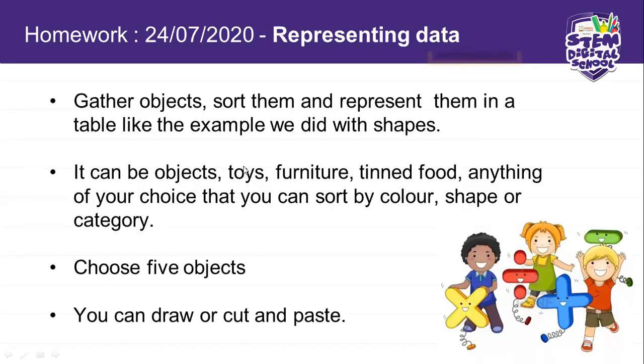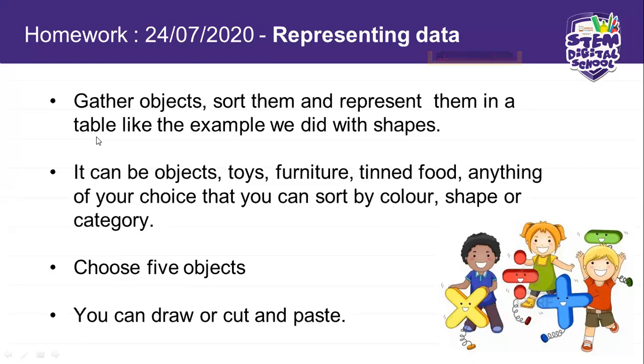The next one for homework. So here we are introducing sorting, we are introducing grouping, and we are introducing a form of representing data or information. So here I want you to gather objects and sort them and represent them in a table.